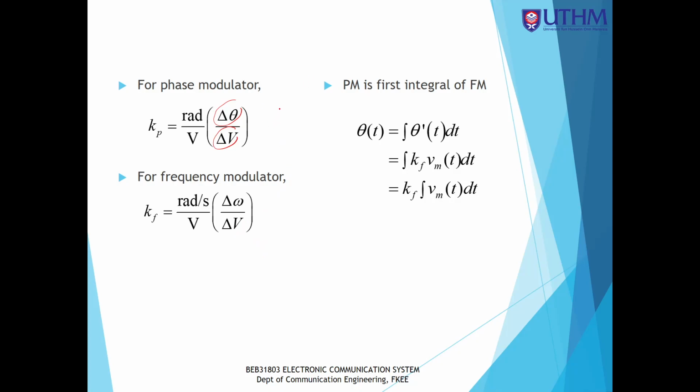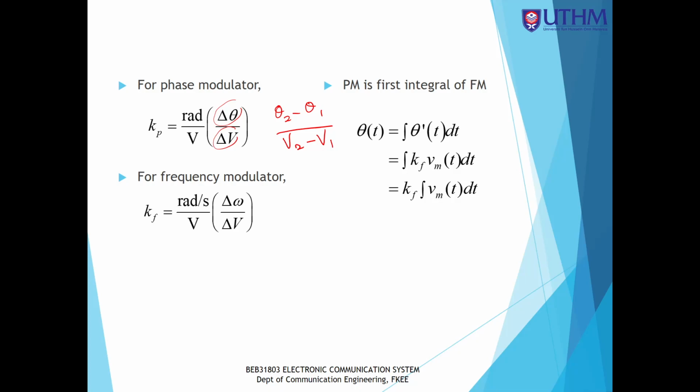If we have more than one theta, we can use, for example, theta 2 minus theta 1 divided by V2 minus V1. So the unit is radian per volt.